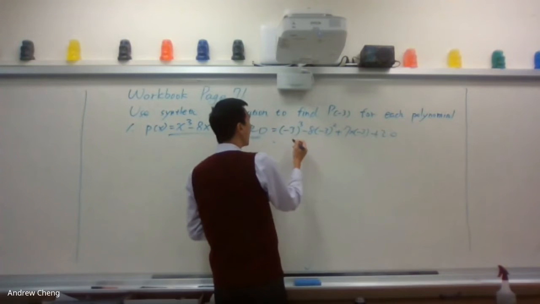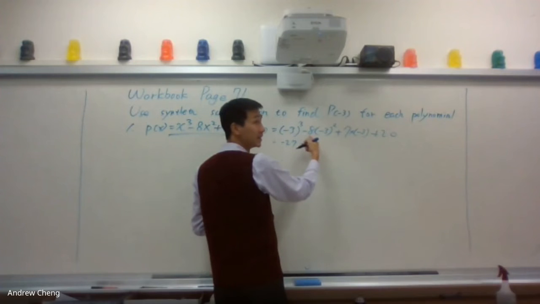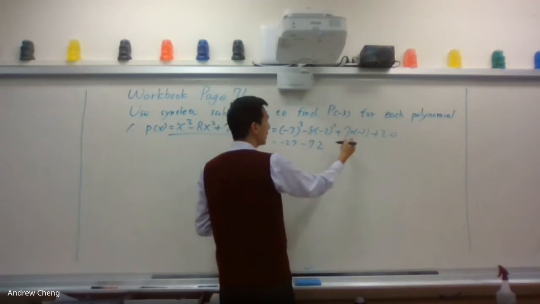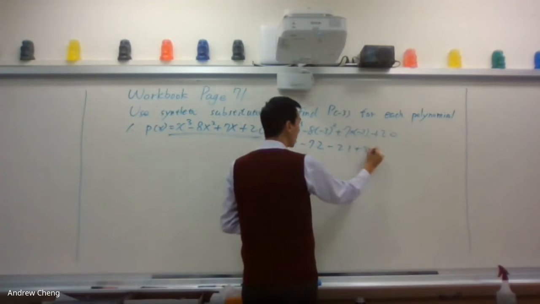Okay, it will be -27 minus, this is 9, 9 times 8, 72, minus 72 minus 21 plus 20.